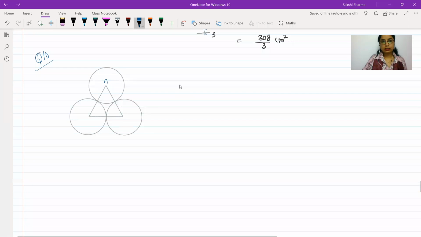So we have the vertices A, B, C for the triangle, and this area is shaded here. And let's write the answer.